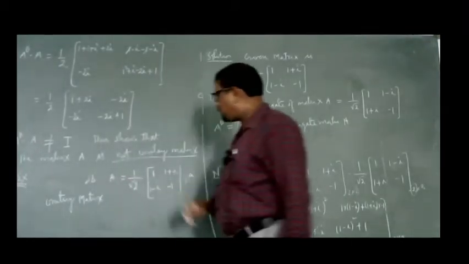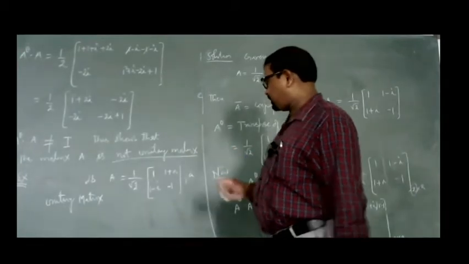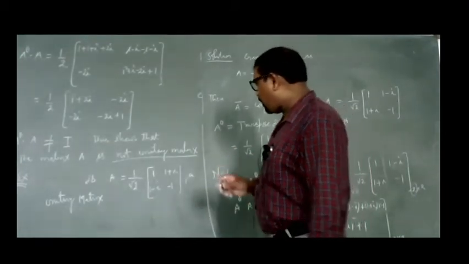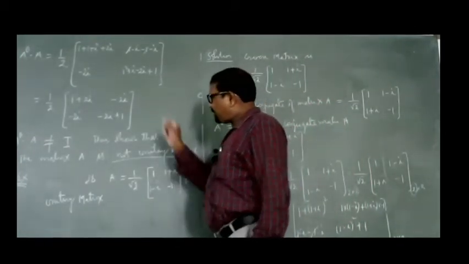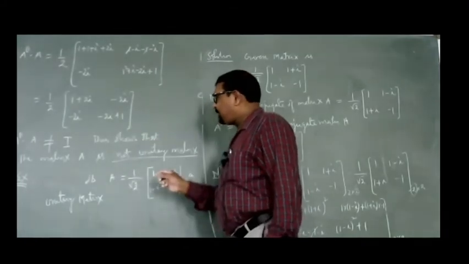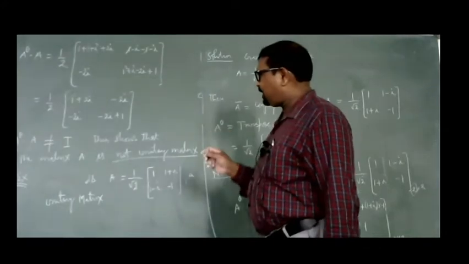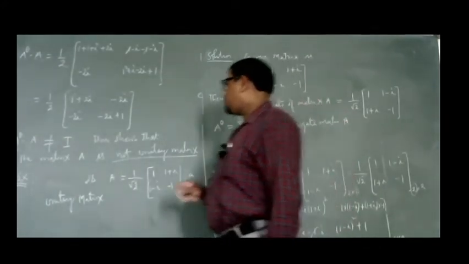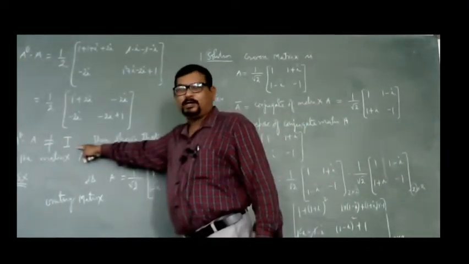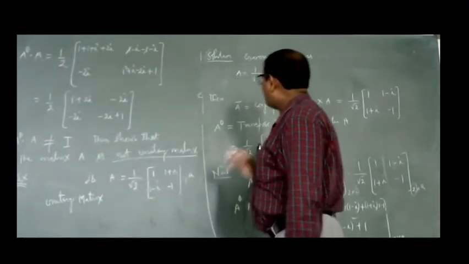I have shown that this matrix A is not unitary, because A^θ, the transpose of the conjugate matrix A, multiplied with the matrix A does not equal the identity matrix, so it is not a unitary matrix.